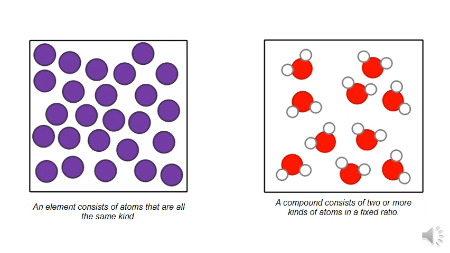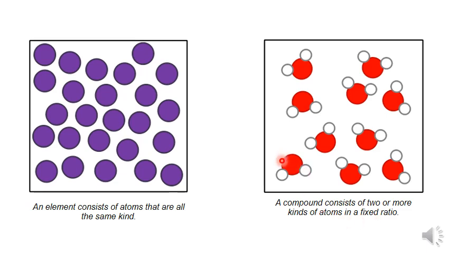Now let's review that we took elements and compounds, right? Here we have an element that consists of atoms of the same kind. Here we have a compound that consists of two or more kinds of atoms in a fixed ratio.